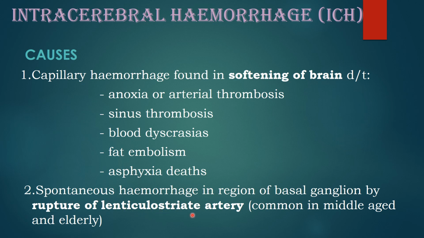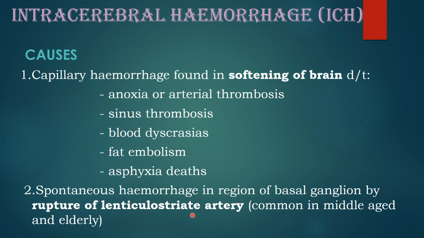It is common in middle-aged and elderly individuals who have a history of hypertension, but they are not taking regular medications. So, a middle-aged or elderly hypertensive individual who has poor compliance to medication can present with intracerebral hemorrhage.